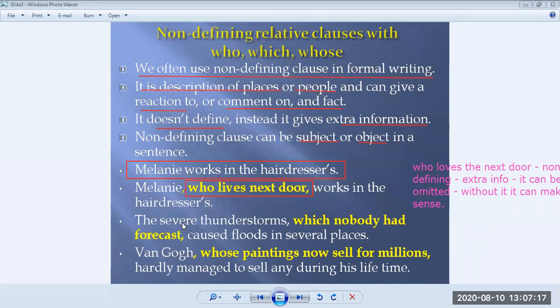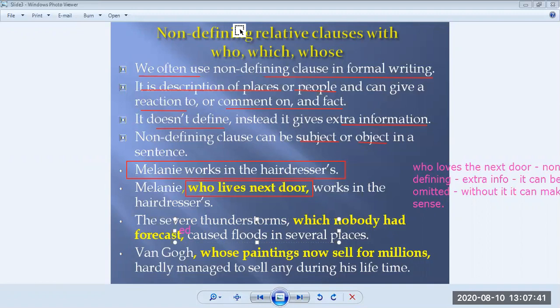Here it says, the severe thunderstorms, which nobody had forecast. There's a grammatical mistake here, forecasted. I would like you to add it on this part. Nobody had forecast, caused floods in several places.